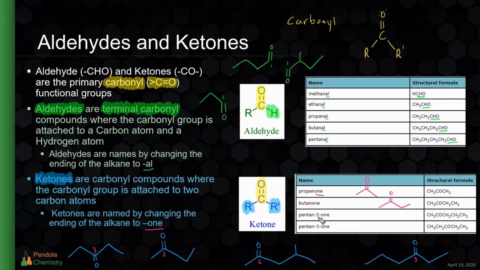Once we get to 5 carbons, then we need numbers, because pentanone, 1, 2, 3, 4, 5, can have 2 different versions. There's 3-pentanone, which is right here. And 2-pentanone, let me draw it up here: 1, 2, 3, 4, 5. This will be 2-pentanone.